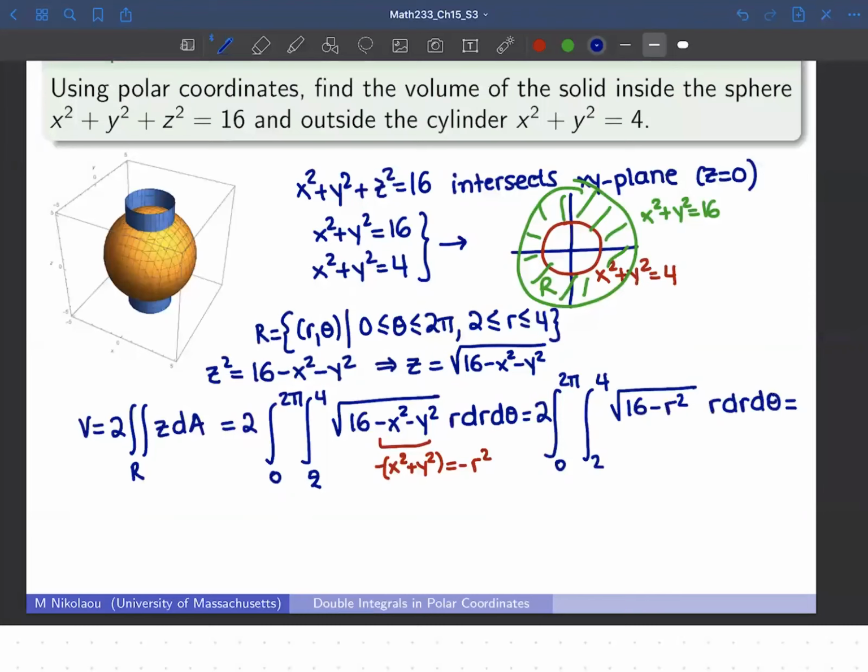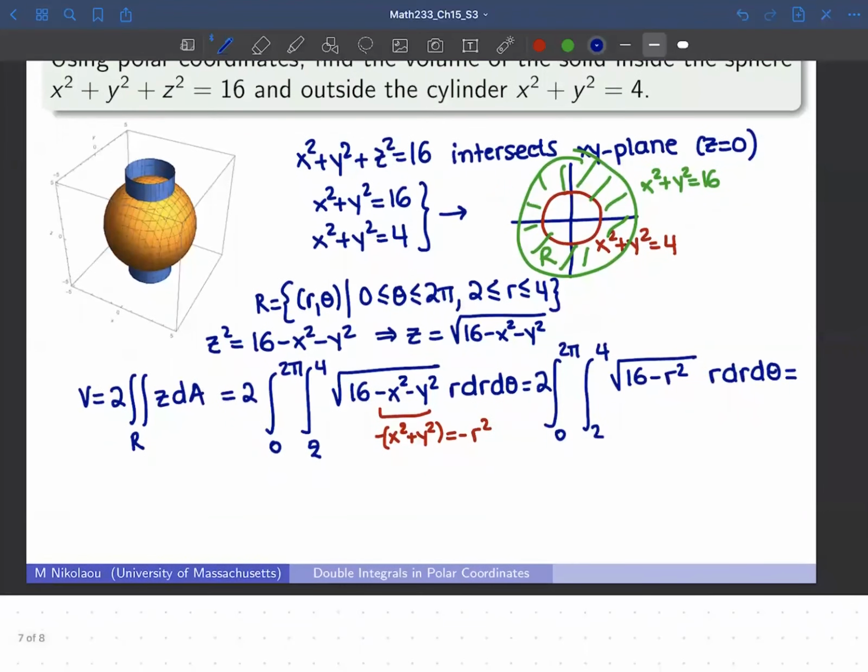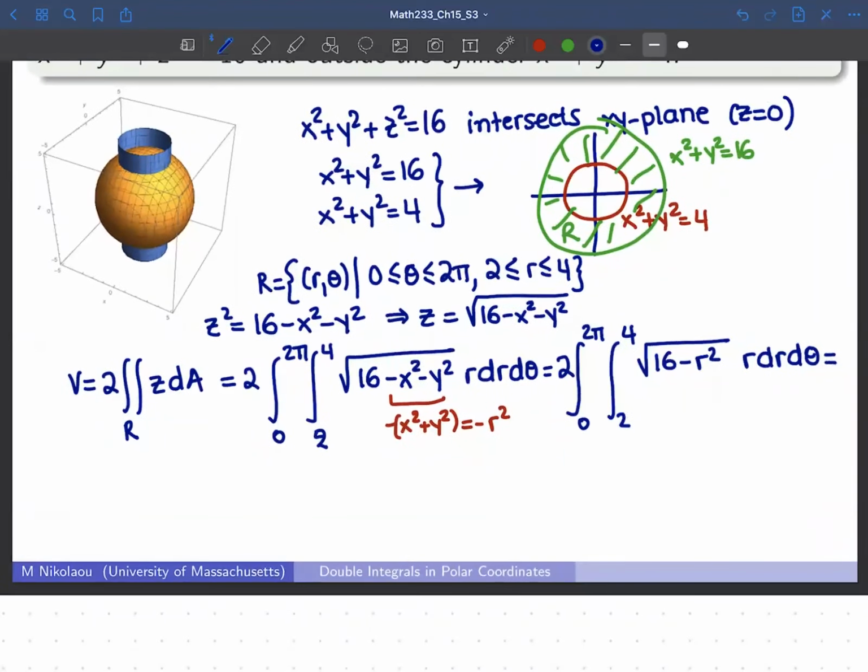We can split this now into two integrals, one as a function of theta and one as a function of r. So we'll have 2 times the integral from 0 up to 2 pi of just d theta, times the integral from 2 up to 4 of r times the square root of 16 minus r squared dr. The first integral is easy to evaluate, but for the second integral, we can do a u substitution.